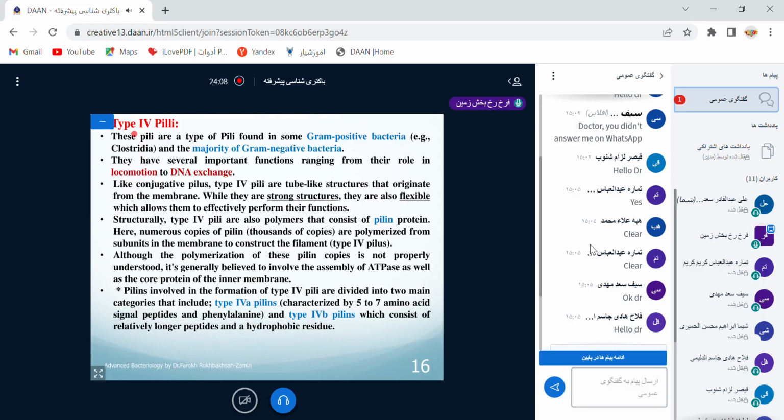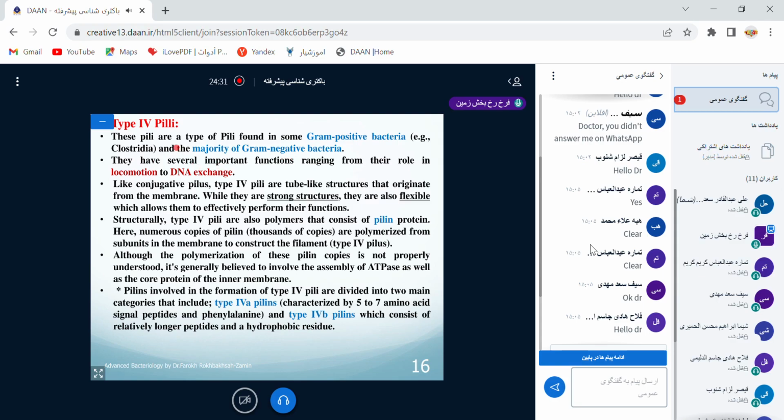Another pilus is type 4 pili. These pili are found in some gram-positive bacteria like Clostridia, and the majority of gram-negative bacteria.